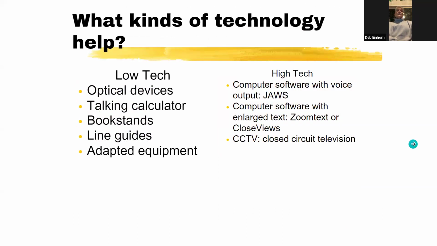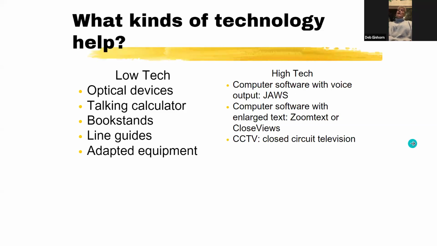Assistive technology should be discussed for all students, but we know that students with visual impairments have a high need for assistive technology devices. It could be optical devices like magnifying lenses, talking calculators, book stands, line guides, and other kinds of adapted equipment.